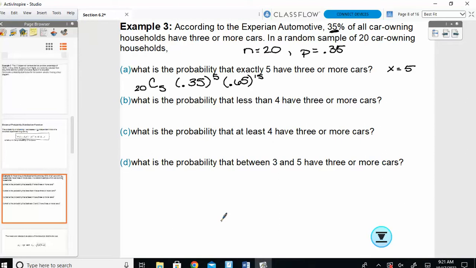I'm just going to put this all in at once. So then my next parenthesis is 0.35 to the 5th, and 0.65 to the 15th. 5 of them have it, 15 don't. So we get 0.1272 or 12.72% chance.